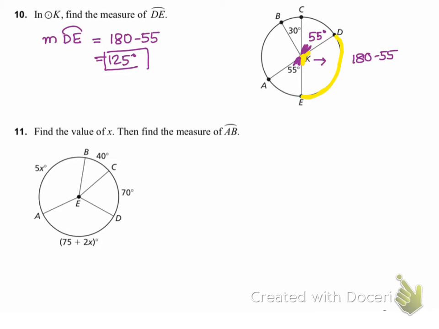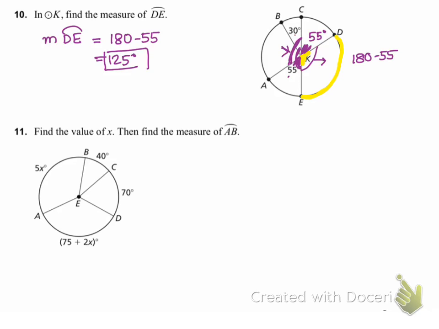We can do it that way. Or you can do it another way: find this angle, and then you know this and this are vertical. How can you find this one? Because you know this whole one is 180, so you add 30 and 55 and subtract from 180. That's also correct.